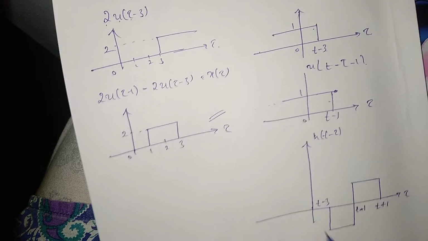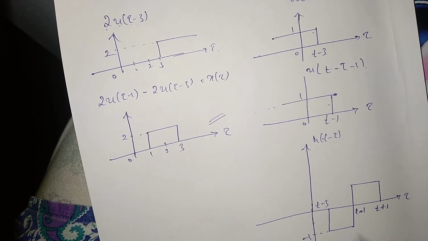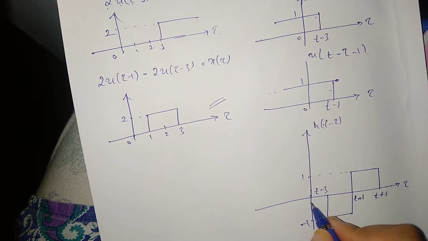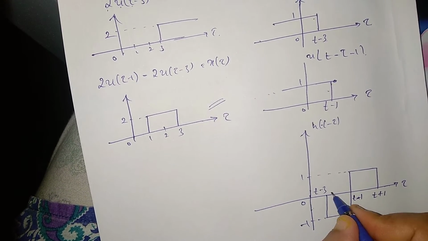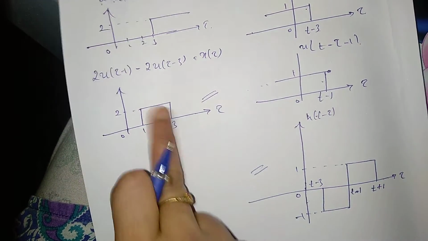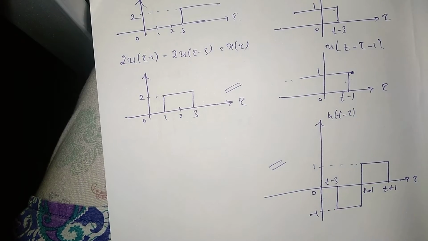This is tau. Here the amplitude is minus 1, here it is 1. Okay, this is your final waveform. Now we need to multiply these two to get y of t.